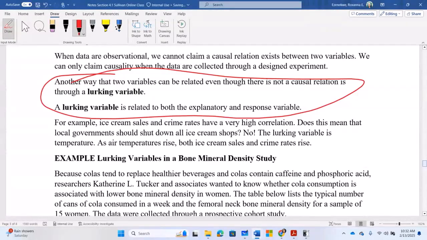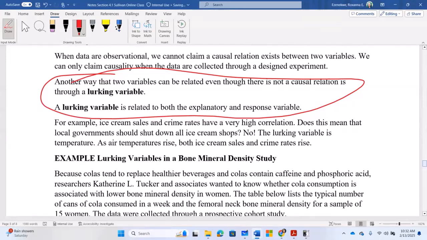A lurking variable is something that exists, something like an outlier. It exists in the data and is pulling the data, making it higher when actually, in actual fact, it's not. A lurking variable is related to both the explanatory and the response variable.